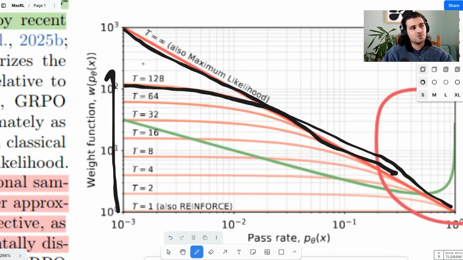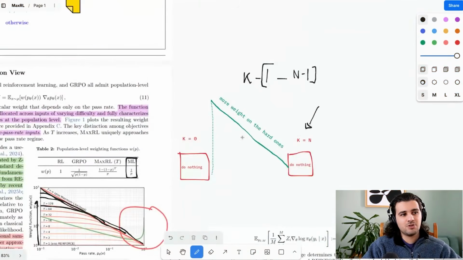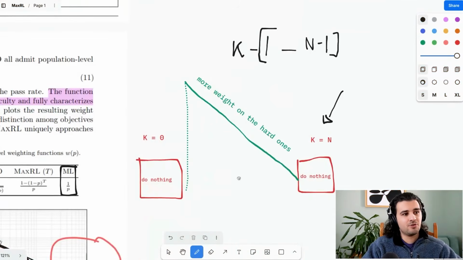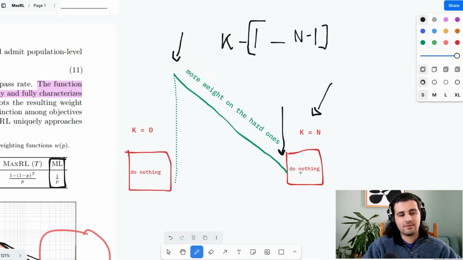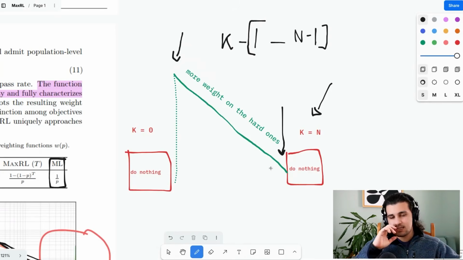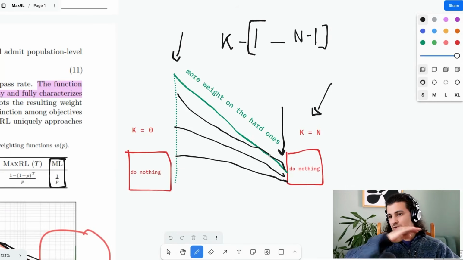And as you increase, you get closer and closer until you get maximum likelihood at T equal infinity. So if we bring it back to the cartoonish idea that I had before, this is what we have: more weight on the hard one and a bit less weight on the simpler one, and no weight at the extremity. If you do it like this, it gets better. Depending on your T, you will have these different weightings.